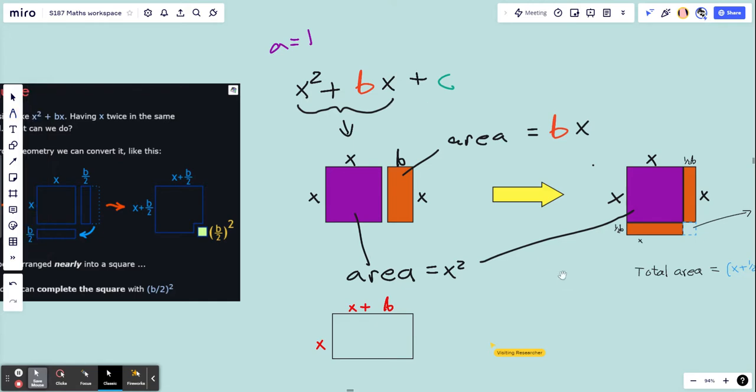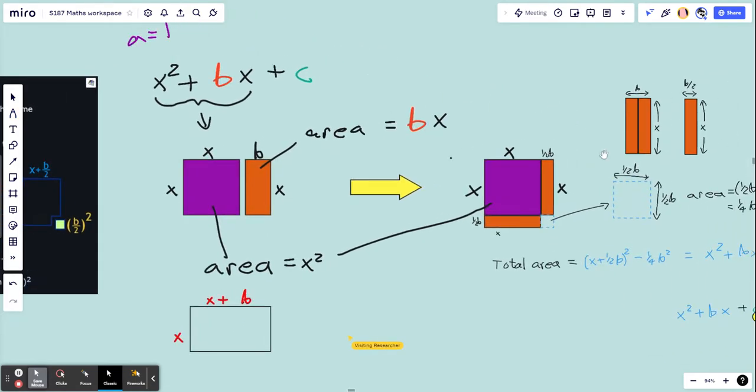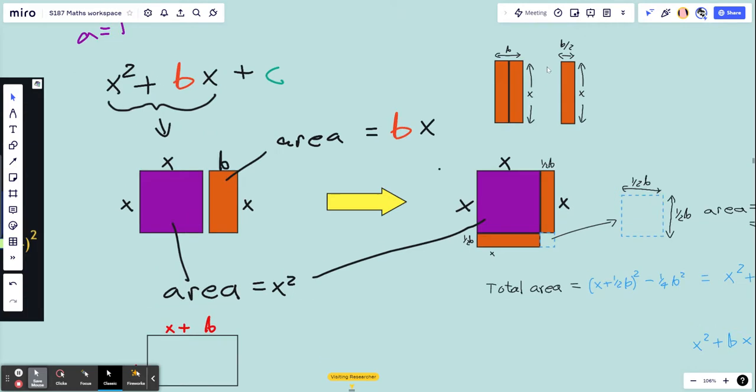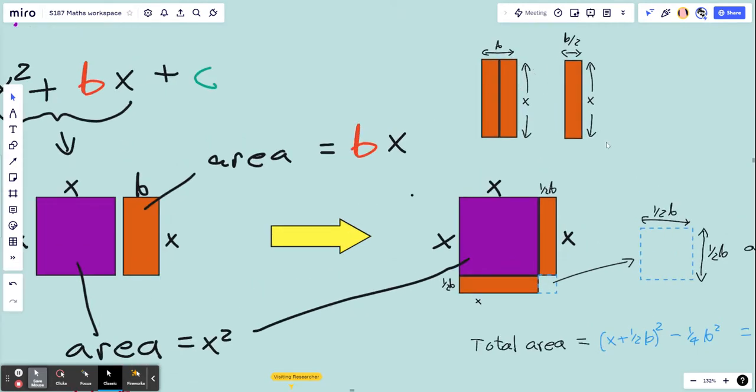So the next thing that we do is we take this orange rectangle up here and we split it down the middle. So we split it in half, like that.